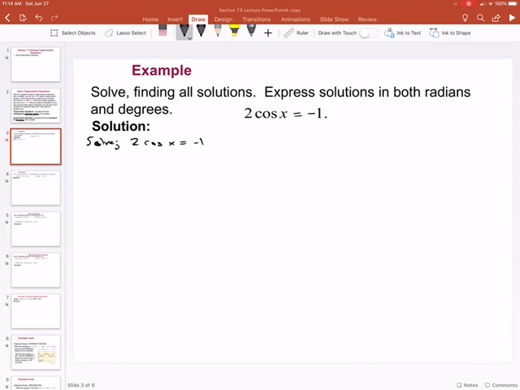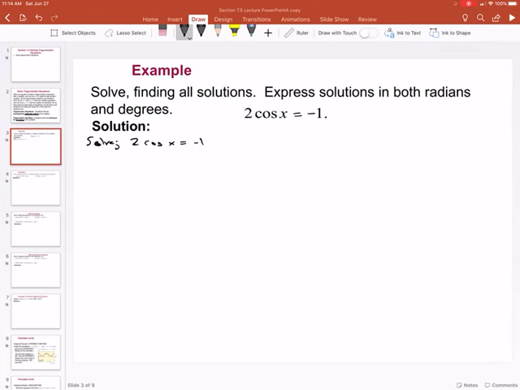Now we want to solve that, right? What we want to do is get x by itself. In an equation, you could think of this trig equation like a linear equation. If you took out the cosine function name, it would read 2x equal -1. We would solve by dividing out the 2 on both sides, and we would have x. Well, same process.